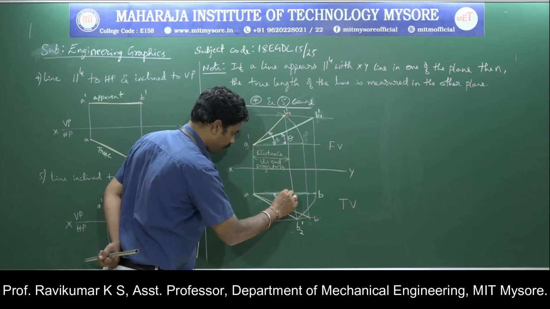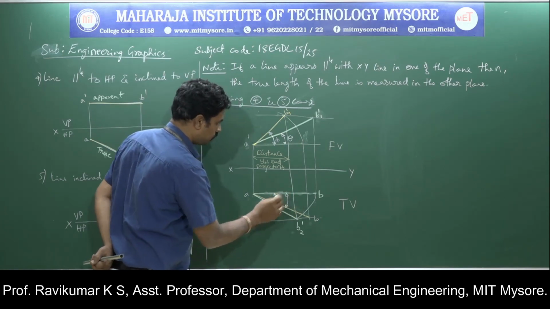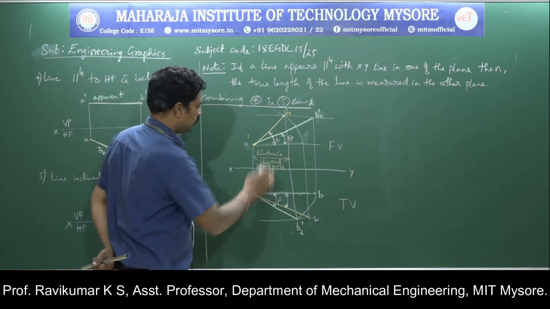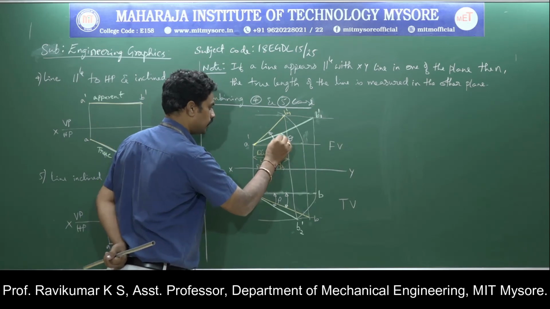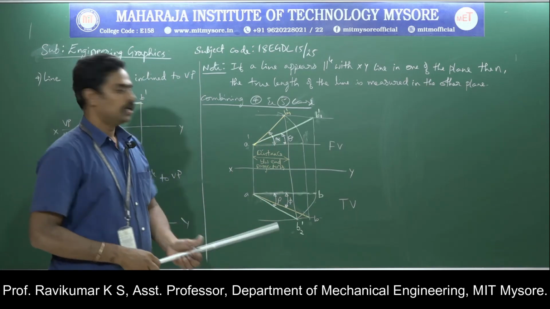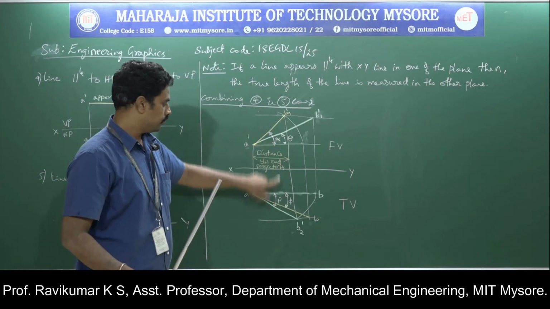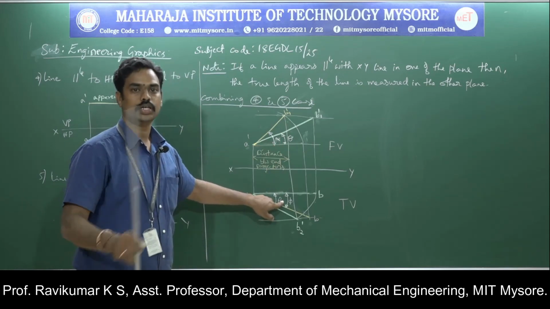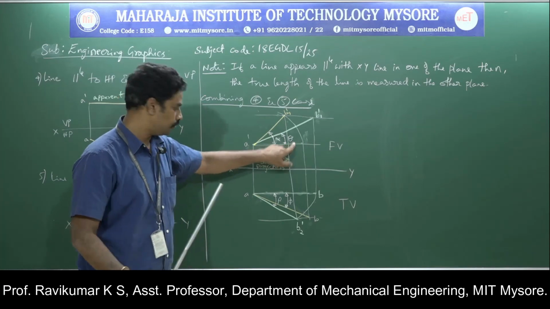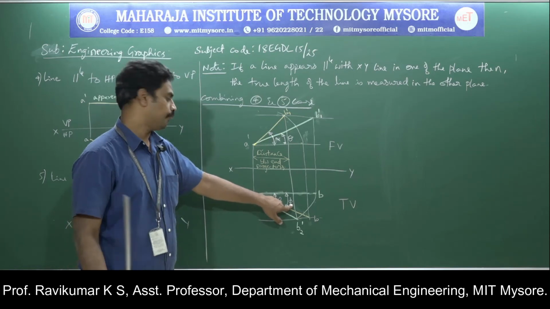Then the inclination here, this is not called phi, this is called alpha. This inclination is called phi. Okay, so alpha is the apparent inclination in the front view, beta is the apparent inclination in the top view, theta is the true inclination in the front view, phi is the true inclination in the top view.